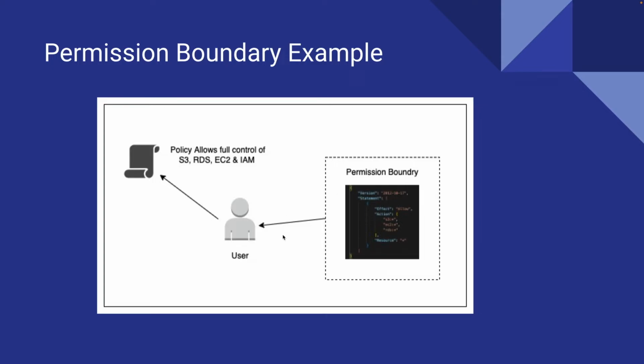Because the permission boundary is not allowing full IAM access, even though the user's policy has IAM access, that will be blocked by the permission boundary. The user will only have S3, RDS, and EC2, because that's what's allowed in the permission boundary, and that's what they also have permission to in their policy.